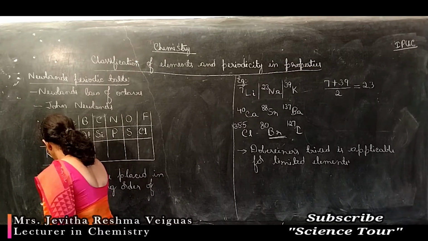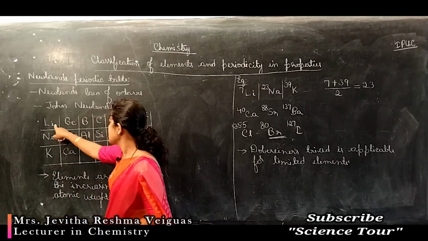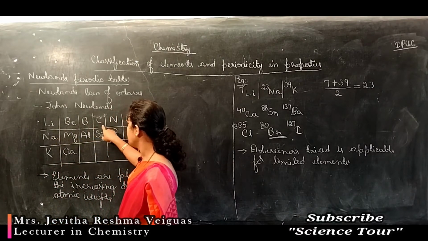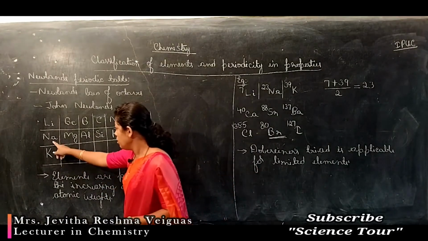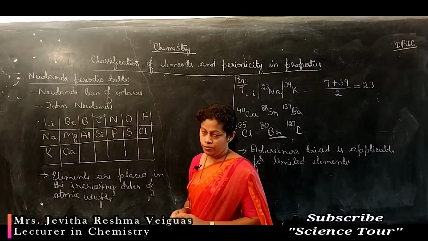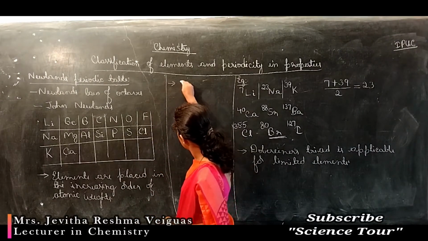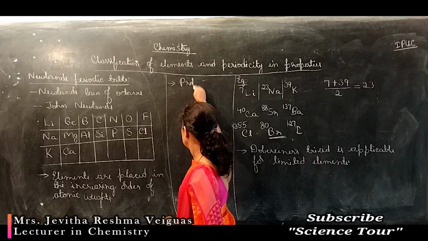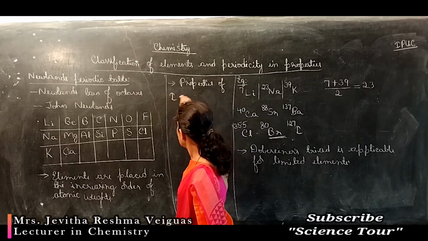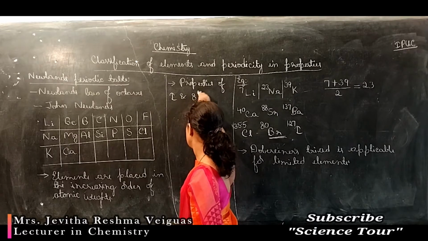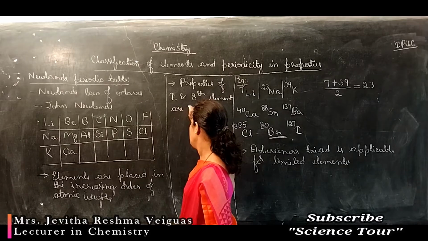That means the atomic weight of lithium is less than beryllium, than boron, than carbon, than nitrogen, than oxygen, than fluorine, than sodium, and so on. And the speciality of this periodic table is that the properties of the first and eighth element are similar.